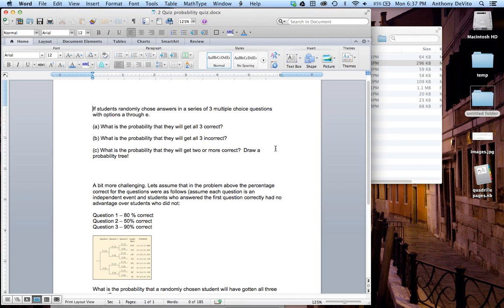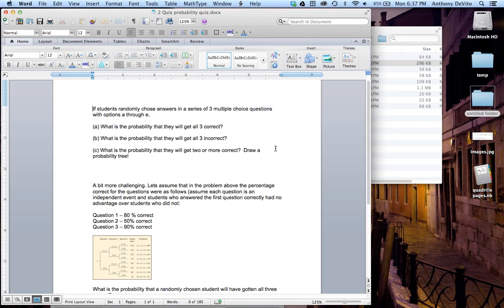What's the probability that they'll guess and get one of them right? It's 20%, right? 1 out of 5. So the probability of getting any of these right if they have no prior knowledge is 20%. What's the probability they're going to get all 3 correct if they have no idea what the answer is?